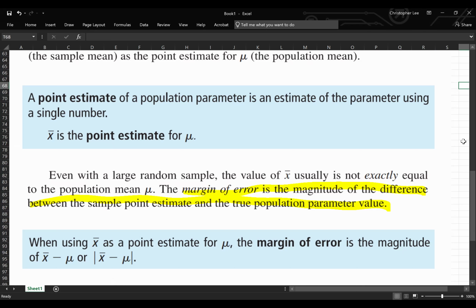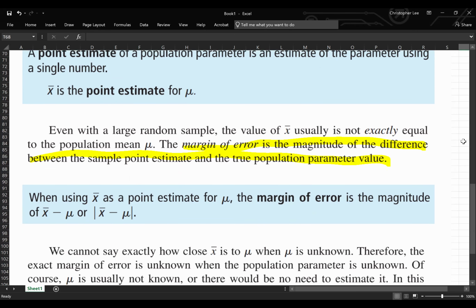So the absolute value of -2 is +2 because -2 is 2 units away from zero. And the absolute value of 3 is 3 because 3 is 3 units away from zero. I'm just explaining that with margin of error.